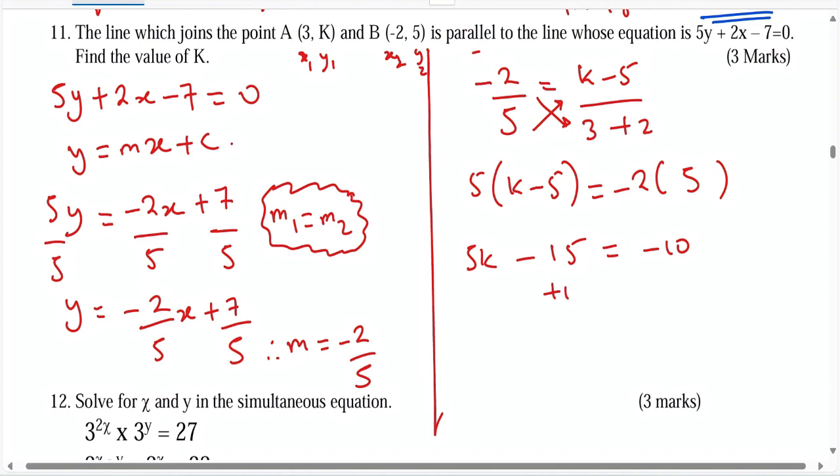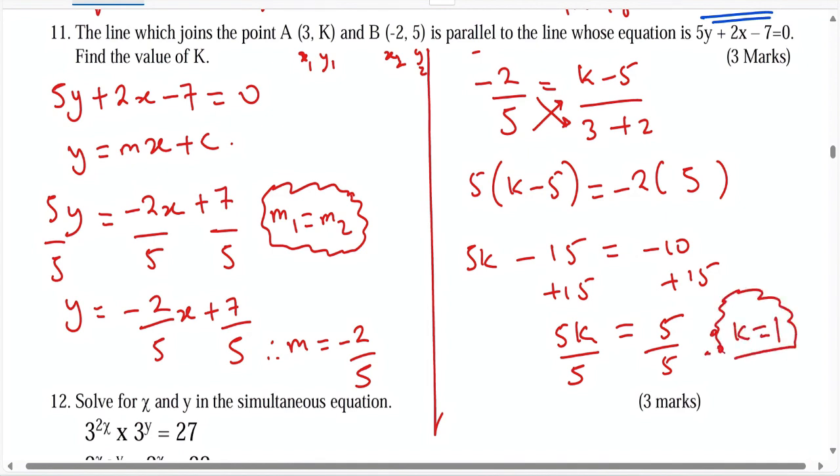Negative 15 peleka the other side, therefore it becomes positive 15. So hapa itakupa 5. Negative 10 plus 15 ni 5, na 5k equal to 5. Divide by 5, k yako ni ngapi? Ni 1. 3 marks. Tuendelee na swali.